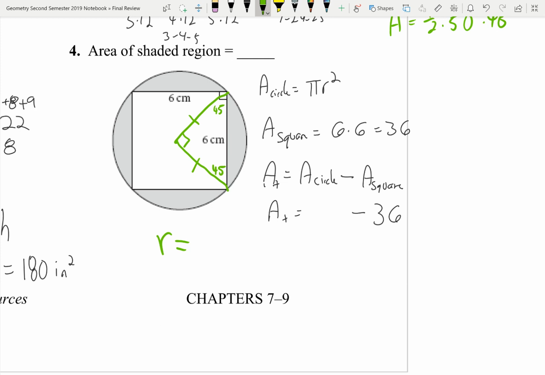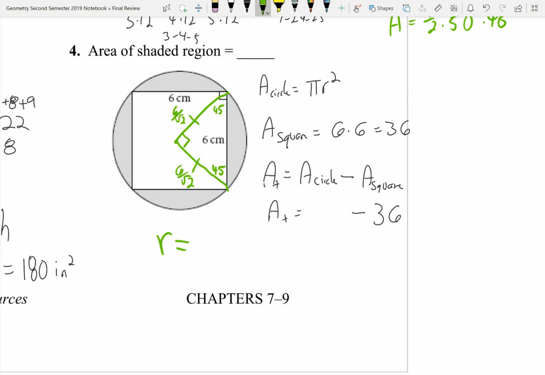Which means that each of these are going to be 6 over root 2. And so from there, we can determine what the radius would be. Right, that's one way of doing it.